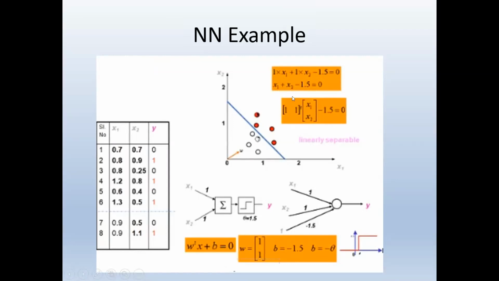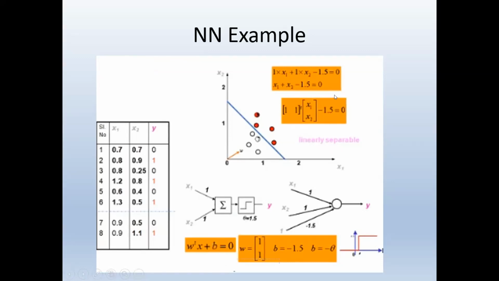So the equation is this one. I can write it as [1 1] times [x1 x2] minus 1.5 equals 0. This is in the general form of W transpose x plus b equals 0, where W is called the weight of the neural network and b is called the bias of the neural network.